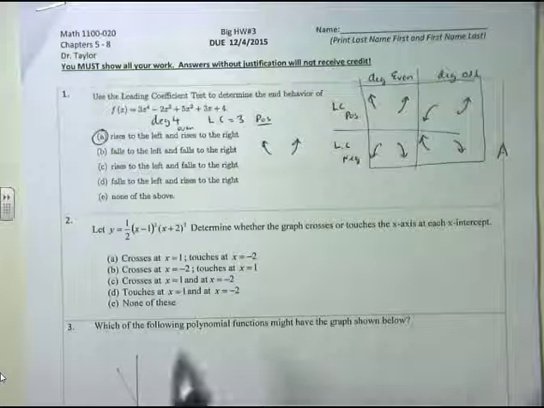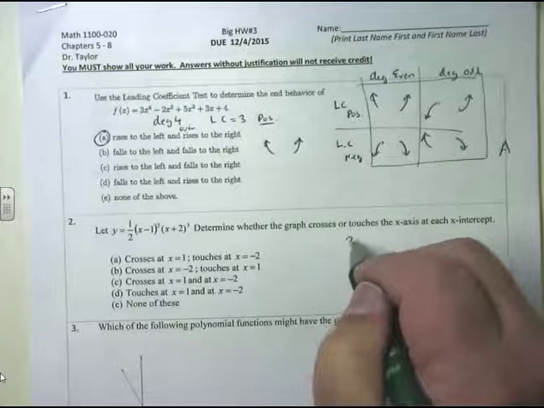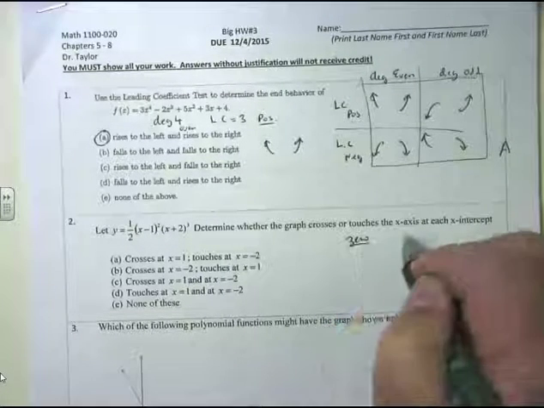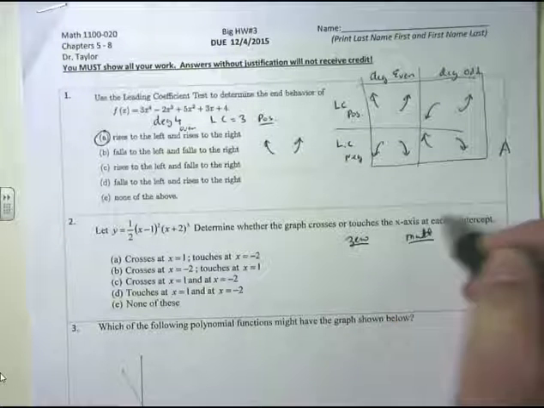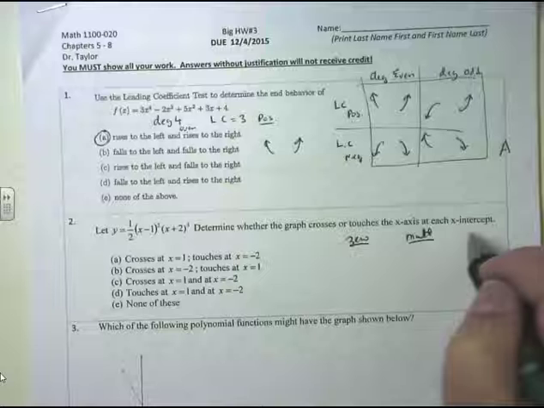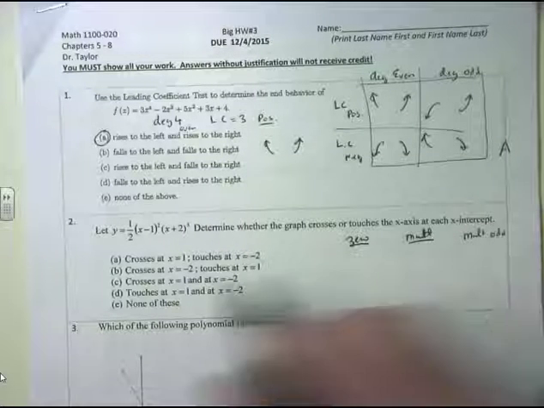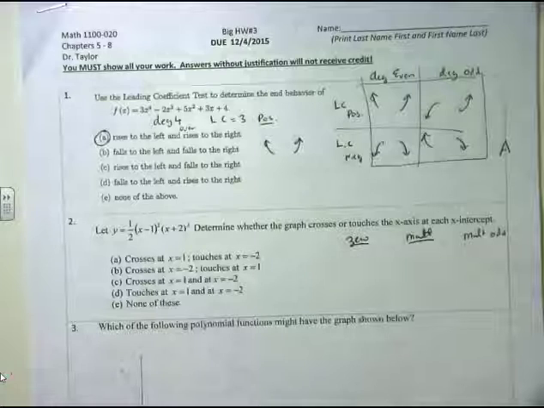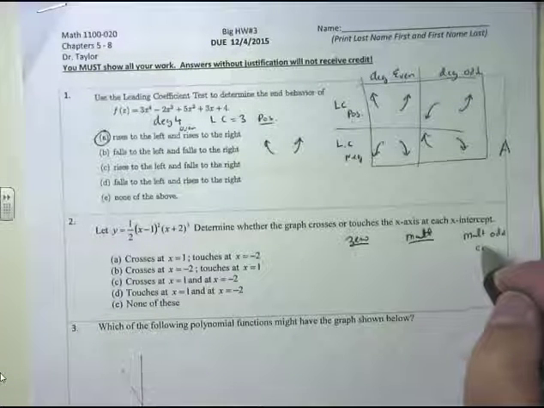On this next problem, we're supposed to determine whether the graph crosses or touches at each x-intercept. Now remember, you have your 0, and it's focused on the multiplicity. Remember this: if your multiplicity is odd, that means you have a power that is odd on your 0 factor, then it is going to cross.